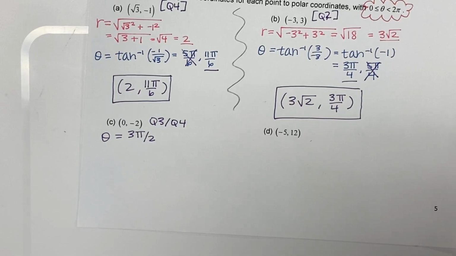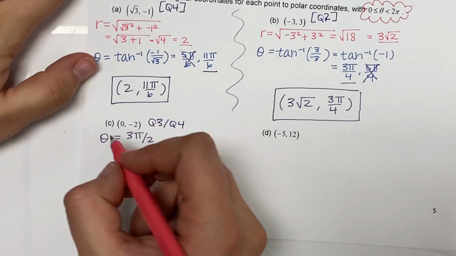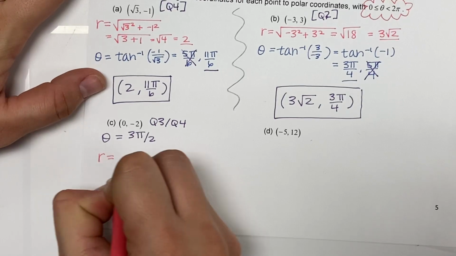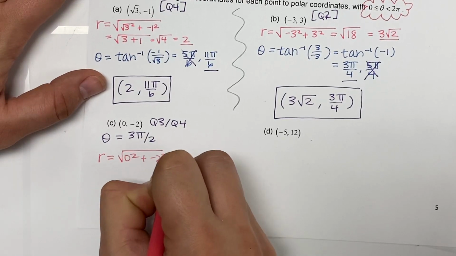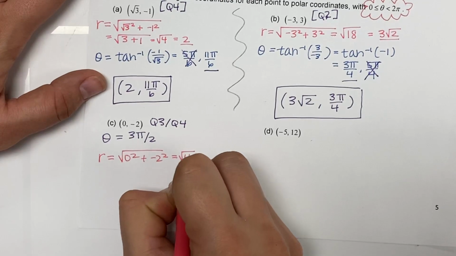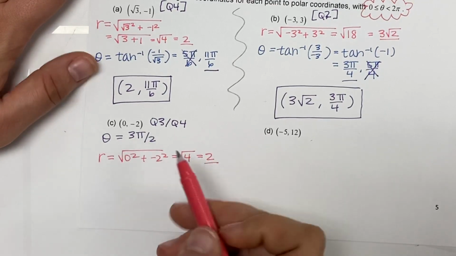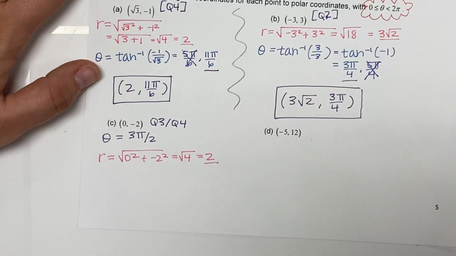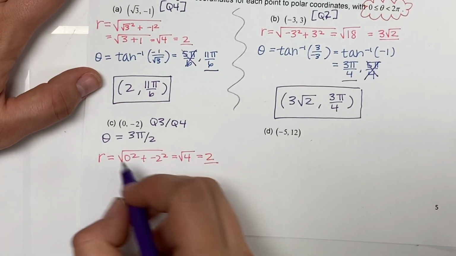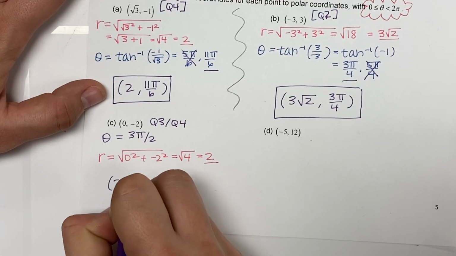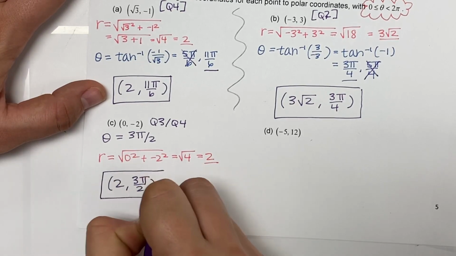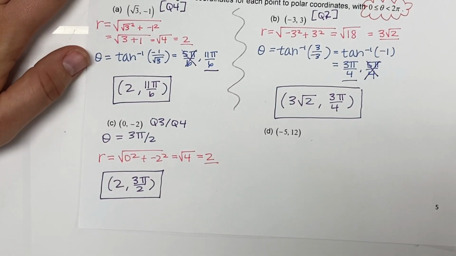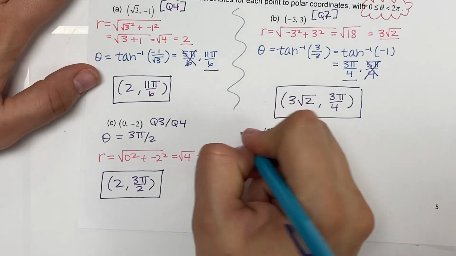But let's go ahead and solve for the radius. So square root of 0 squared plus -2 squared. Well, that's easy. So it's just 2. So my answer is 2, 3 pi over 2. I love zeros.